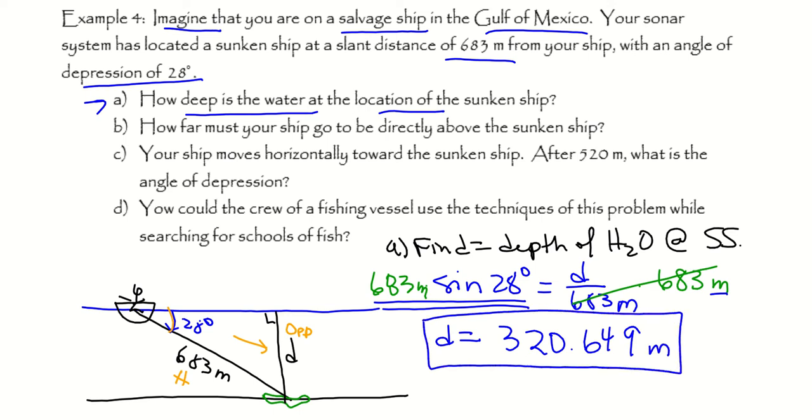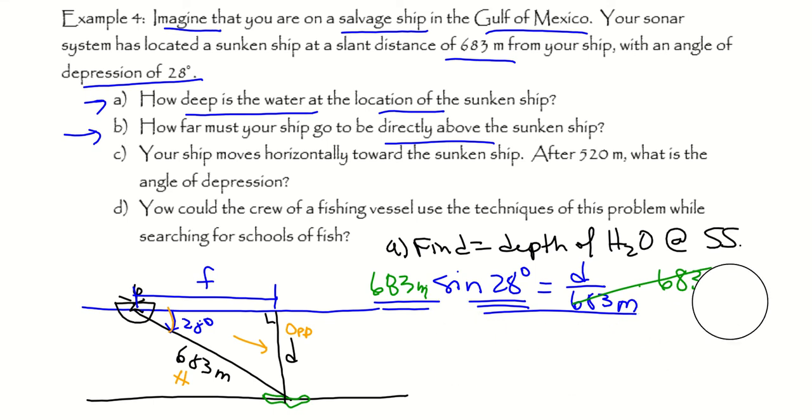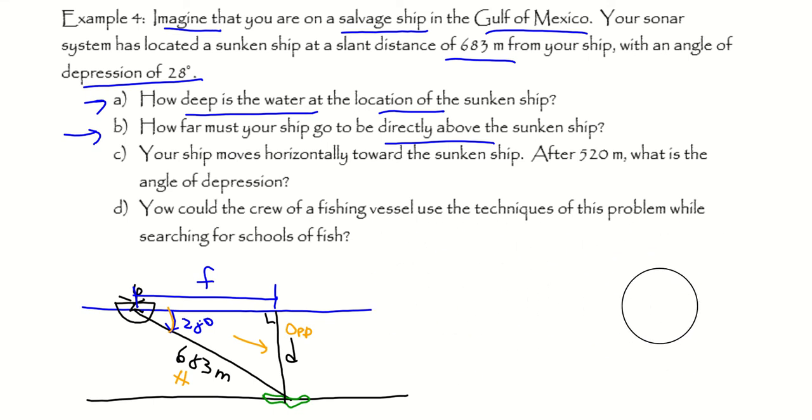For B, we are asked how far we must go for our ship to be directly above the sunken ship. So we're really looking for this distance from where we are to this location. Let's call that F. I want to leave this up, so I'm going to erase this to create some space here.